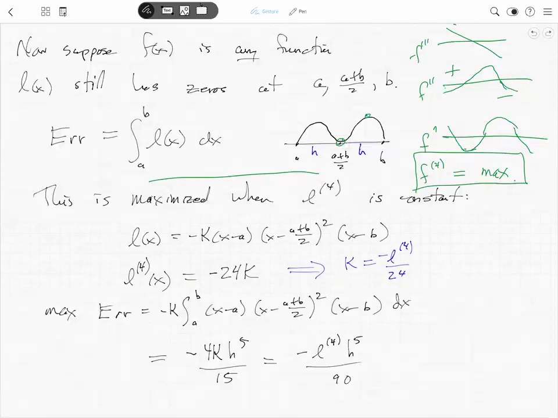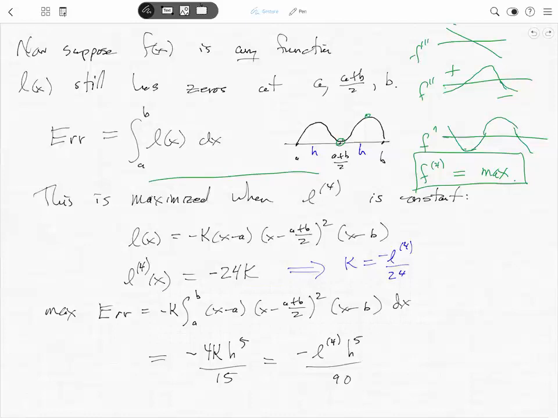Or in other words, the distance between a and b is actually 2h, not h, because in Simpson's method, remember, we put two segments together. Each segment has width h, but we do the estimate for both segments simultaneously, right? We join them and perform the estimate for both.